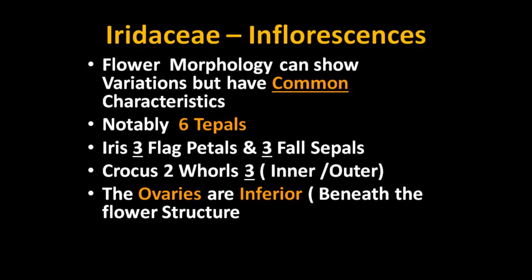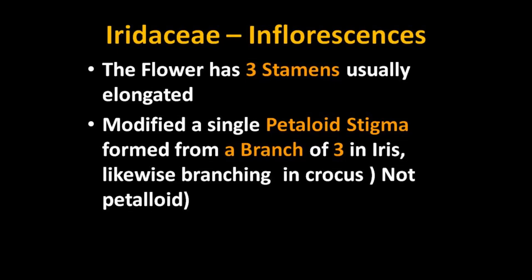The Iridaceae consists of 3 stamens and 1 stigma formed from a branch of 3. In the case of the traditional irises, the modified petaloid stigmas extend on 3 planes where they each face a pollinating insect.